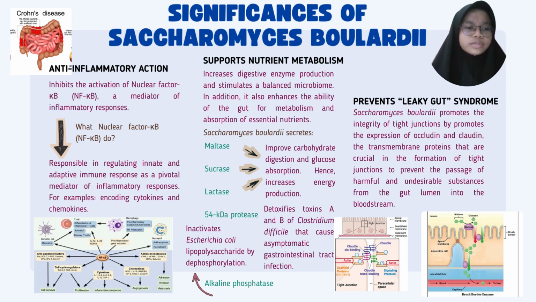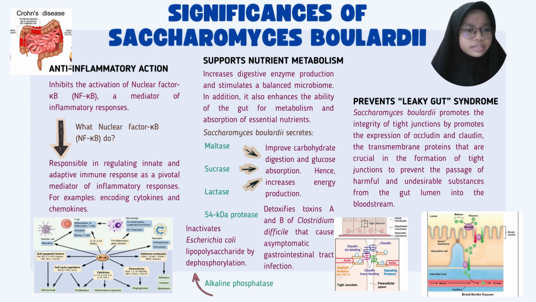Next, we move to the second significance of Saccharomyces boulardii, which is that it increases digestive enzyme production and stimulates a balanced microbiome. It enhances the ability of the gut for metabolism and absorption of essential nutrients. What are the enzymes secreted by Saccharomyces boulardii?